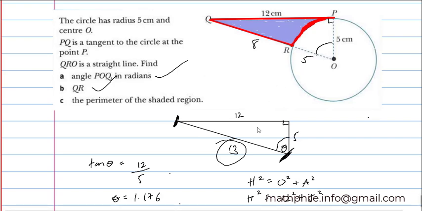Can we continue? Okay. So the length of the arc over there, in this case, what is the formula for length of arc? Theta r. This is equal to theta r. We got the theta to be equal to 1.176 and r in this case was 5.